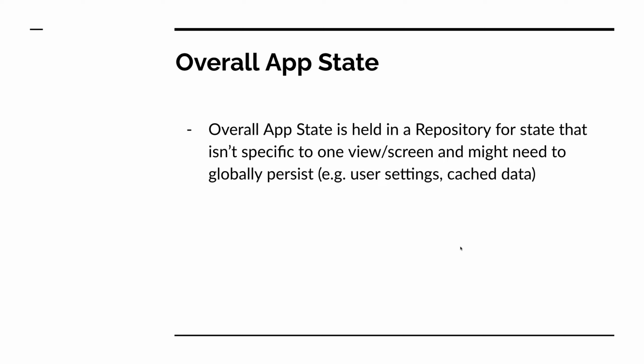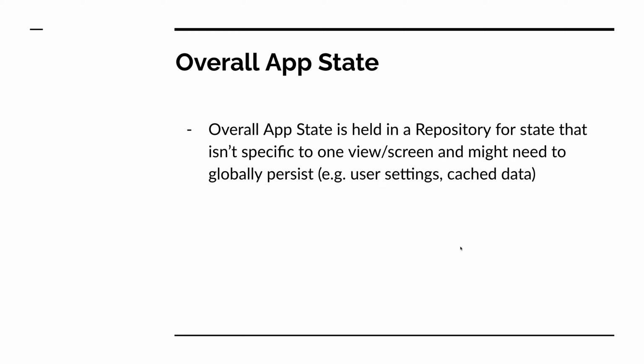Again, another common question that I usually have is, well, that's great thinking at a micro level of, okay, I've got a screen, but I'm still running an entire app, and apps typically have some top level state. So if you're in a Facebook type app, that could be your account settings or your user data, like your name and where you went to school, who your friends and connections are. And that might be something you want to globally persist because it could be used in different portions of the app.